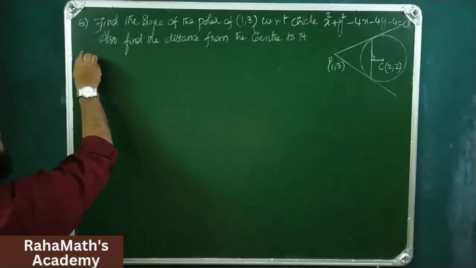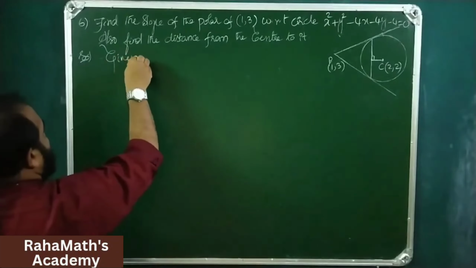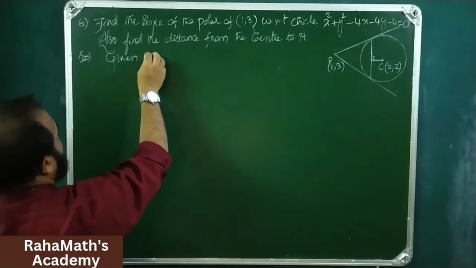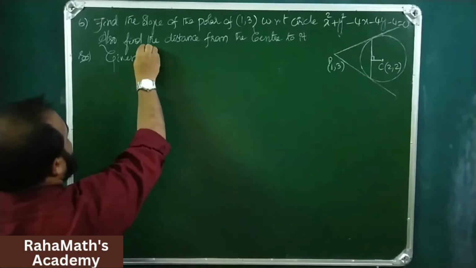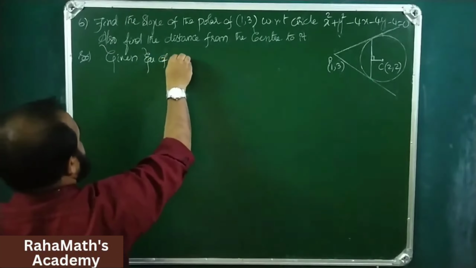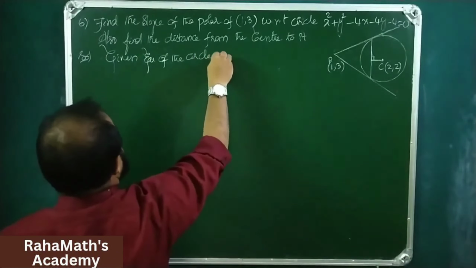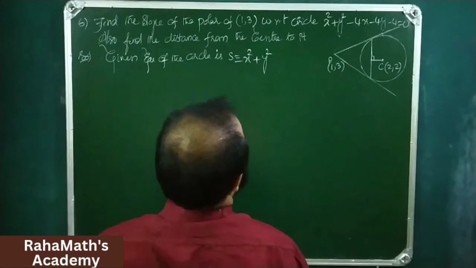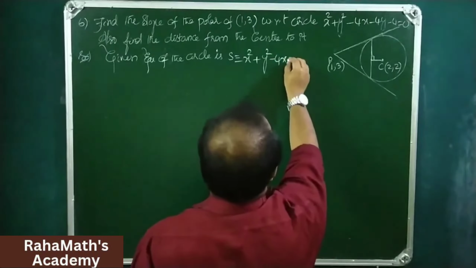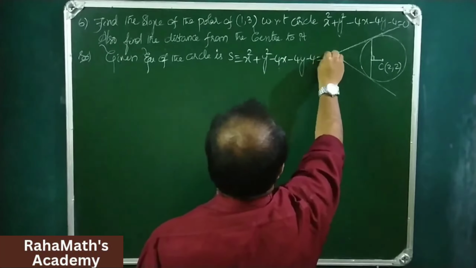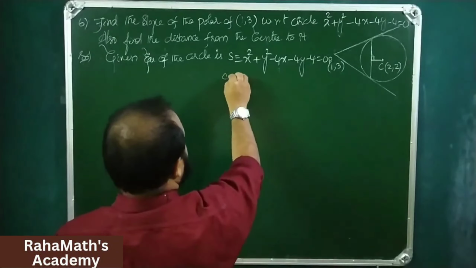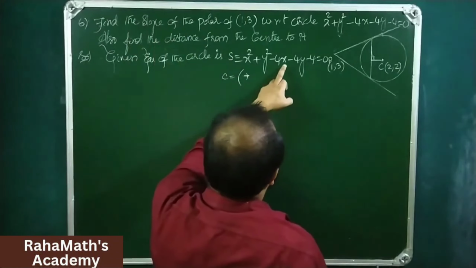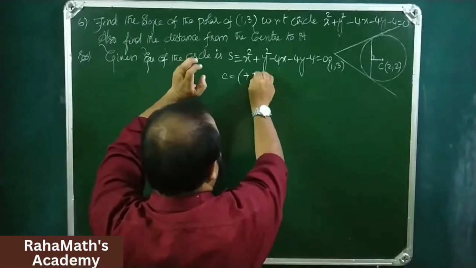So, solution: given equation of the circle is S: x square plus y square minus 4x minus 4y minus 4 equals 0. So the center of this is the opposite sign, half of the coefficient of x, 4 by 2, so (2, 2).